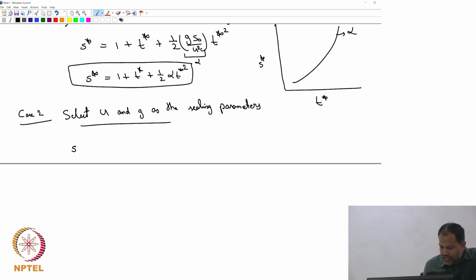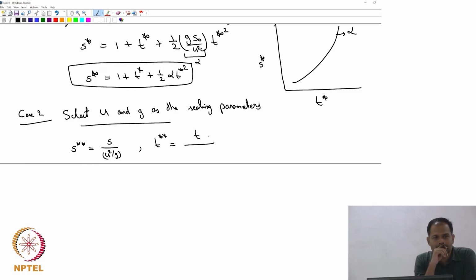So we can define, let's say S double star is equal to S divided by, how can I create length out of this? U square by G, and I want to create a time out of it. U by G.